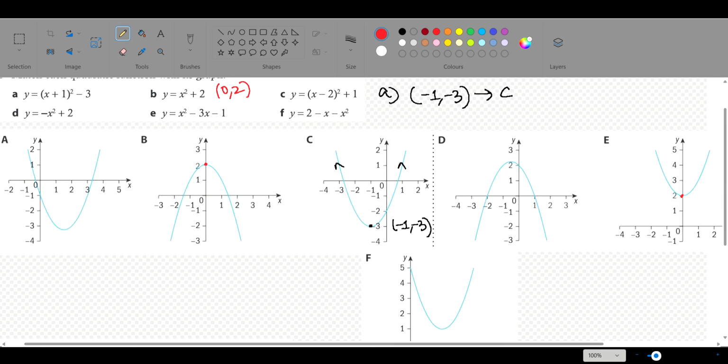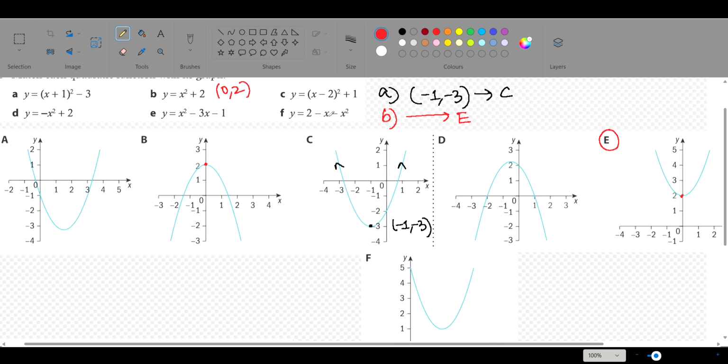Now the next thing I am going to look into is the curvature of the B. The coefficient of x square is 1, right? A positive coefficient. It means my parabola is concave up, right? So the E is the perfect match of the parabola B. So B belongs to E.